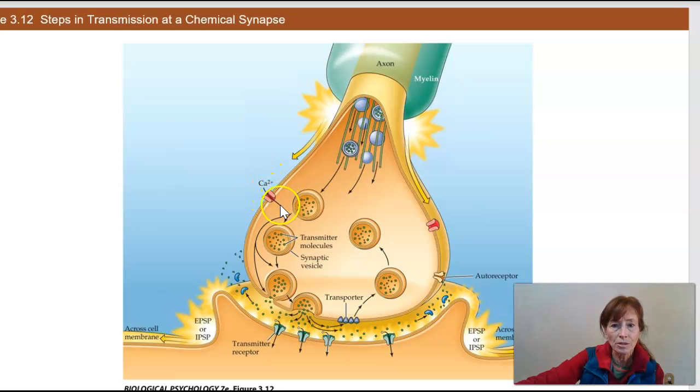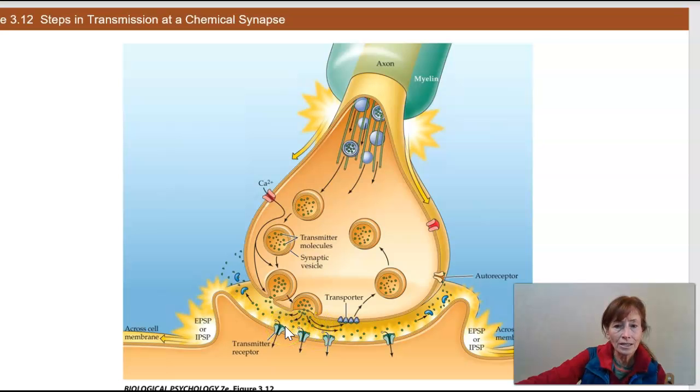It's going to open, calcium comes in, and activates these to move toward the membrane at the end of the terminal. They fuse, releasing these neurotransmitters by exocytosis. The neurotransmitter comes out into this little gap, this synaptic cleft, moves across, and if it has a receptor on the other side that it can activate, it will do that.